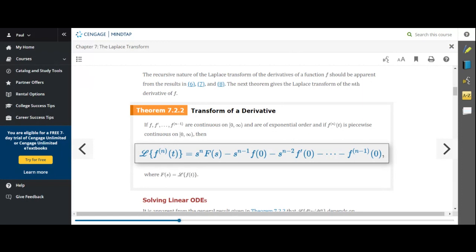For your homework in section 7.2, I'll take the password off, and I think you'll maybe have some time in class to work on that. That's my hope. You're not going to have any problems where you have to find the Laplace transform of a derivative, but it will come up when we want to solve a differential equation. We will need that formula. So good question.